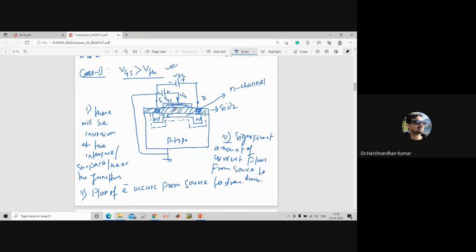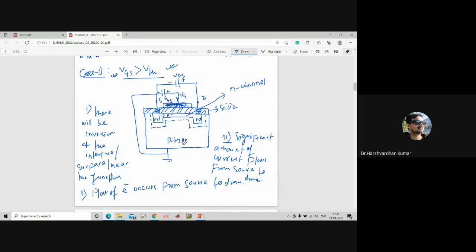So why is it happening? Why is the channel forming between source and drain whenever VGS is greater than VTH? What is the reason? Because of the positive applied voltage at the gate, there will be a strong attraction of minority carriers from the p type.